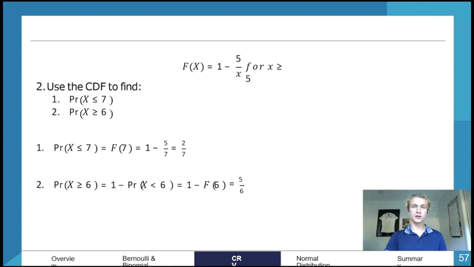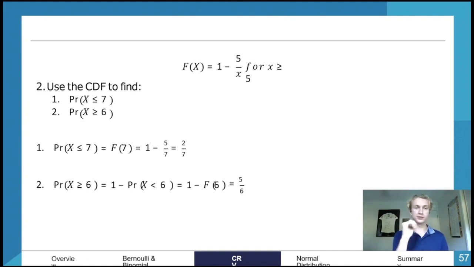Okay. Now we use the cumulative distribution function to find the probability that x is less or equal to 7. Remembering it doesn't matter if it's x is less than 7 or x is less or equal to 7, or even if it was x is greater than 7, we would do 1 minus that probability, right, to calculate that.